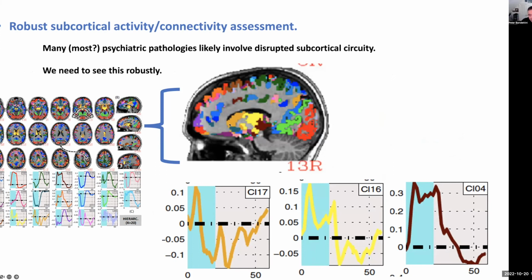You get this nice structure of clear differences in activation that don't look anything like the canonical response in the subcortex, that show activation in the thalamus, actually, with this task, that we just need to find better ways to image at high resolution with more robust detection of subcortical activity.